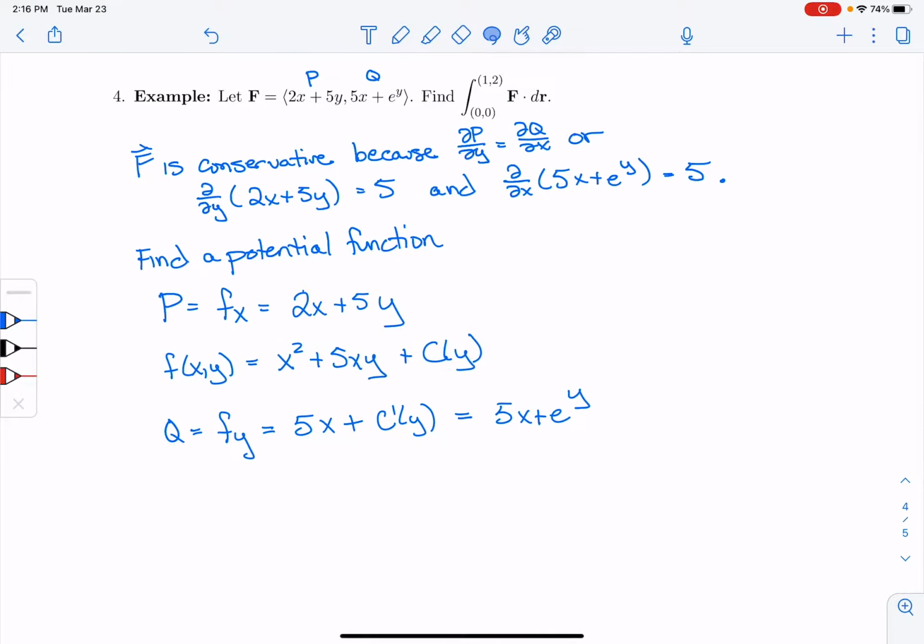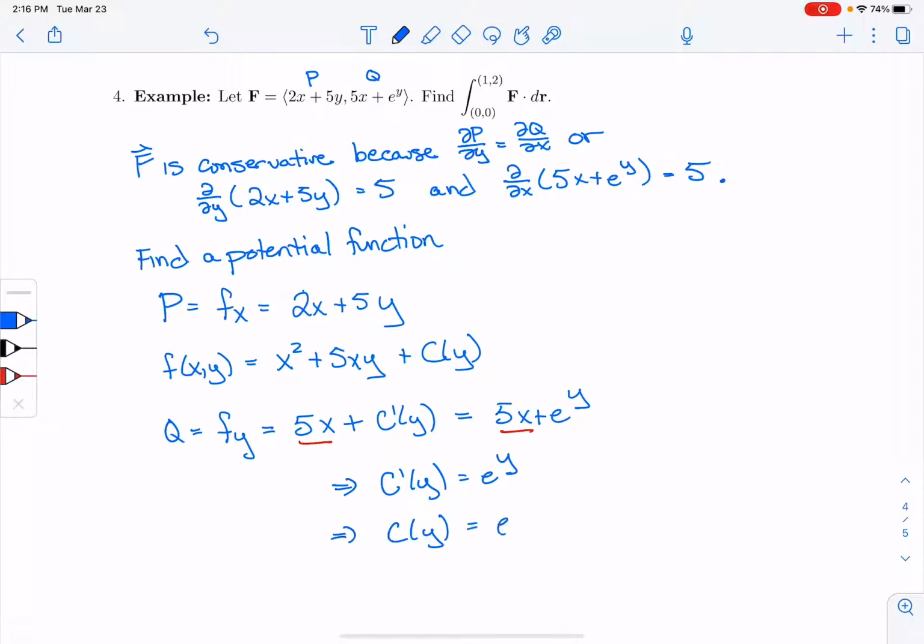Okay. So now I can compare these. Look, there's a 5x there and a 5x there. And so those are going to cancel. And c prime of y, in fact, is equal to e to the y. Okay. So that means that c of y must be e to the y.